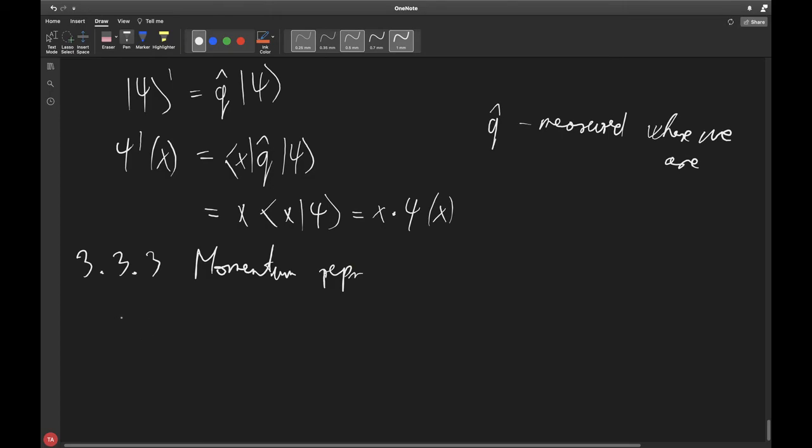So A prime operator was U dagger operator A operator times U operator. We said that this is how a measurement operator changes in time.